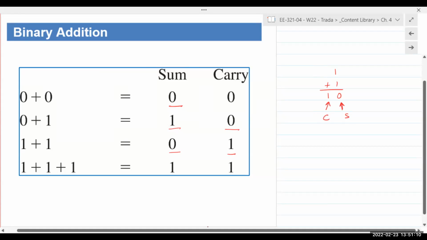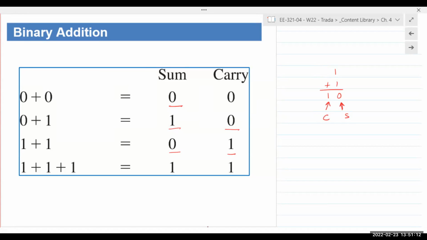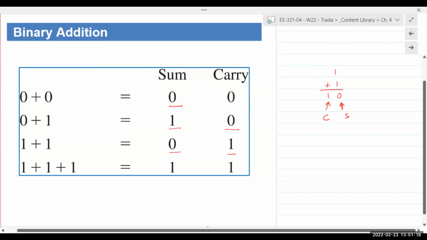So we're talking about the most significant bit, and you have 1 plus 1 plus 1. What do we get? Here, let me show you. 1 plus 1 plus 1. You first solve for 1 plus 1. 1 plus 1 gives you 0 and 1.